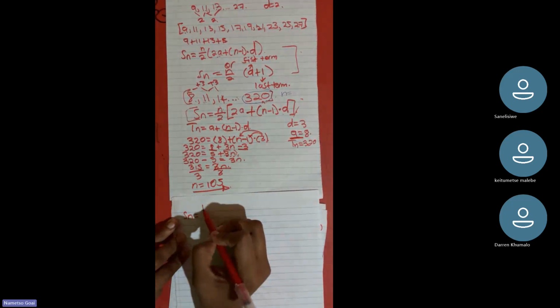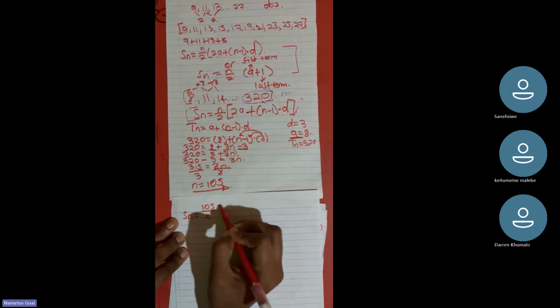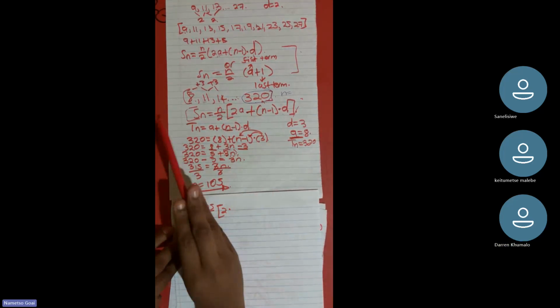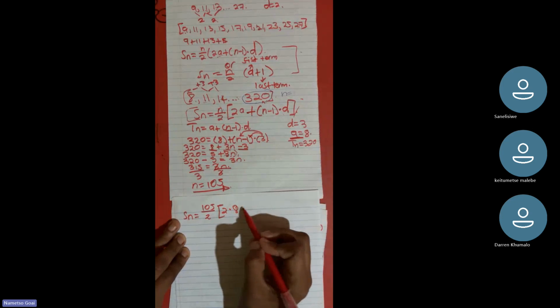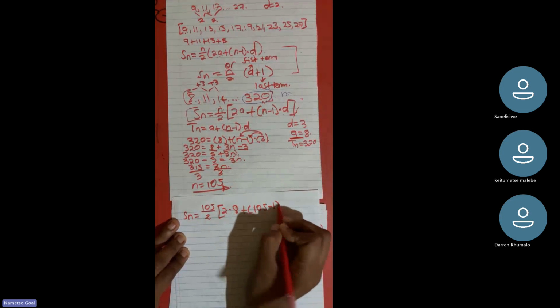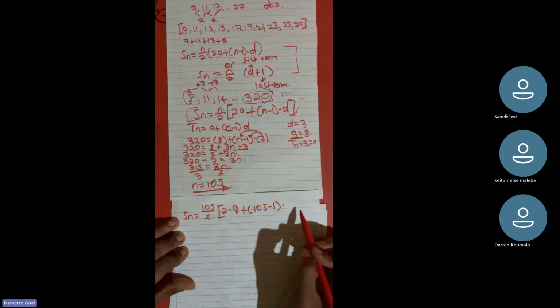What is our n? 105 divided by 2, multiplied by what is our first term of the sequence? It's 8, right? Multiplied by 8 plus, what is our n? Again 105 minus 1, multiplied by the common difference that we have, 3.